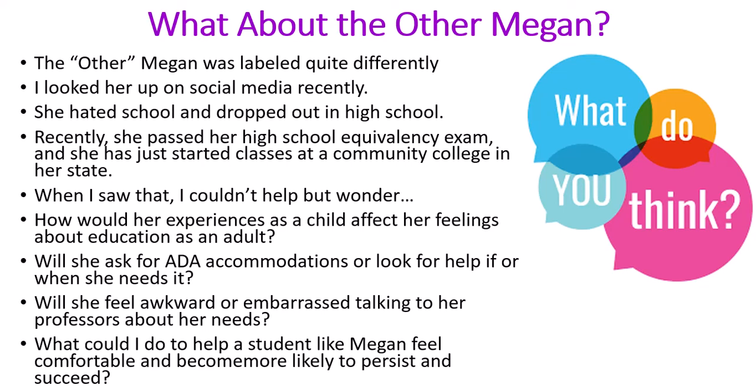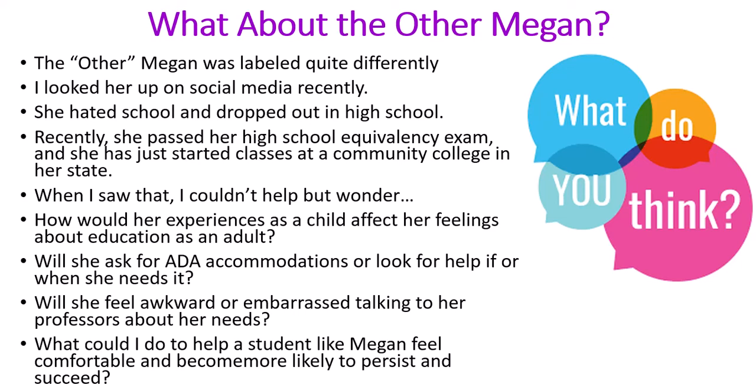And because she's neurodivergent or because she has a learning difference, she's been seen as kind of other, right? So if she then encounters a problem, based on her experiences as a child, would she feel comfortable talking to her professors about her needs?